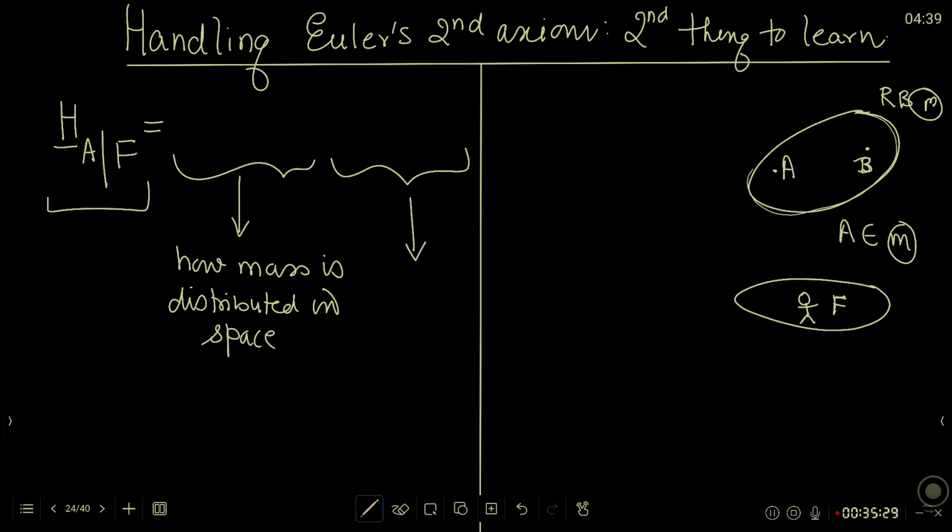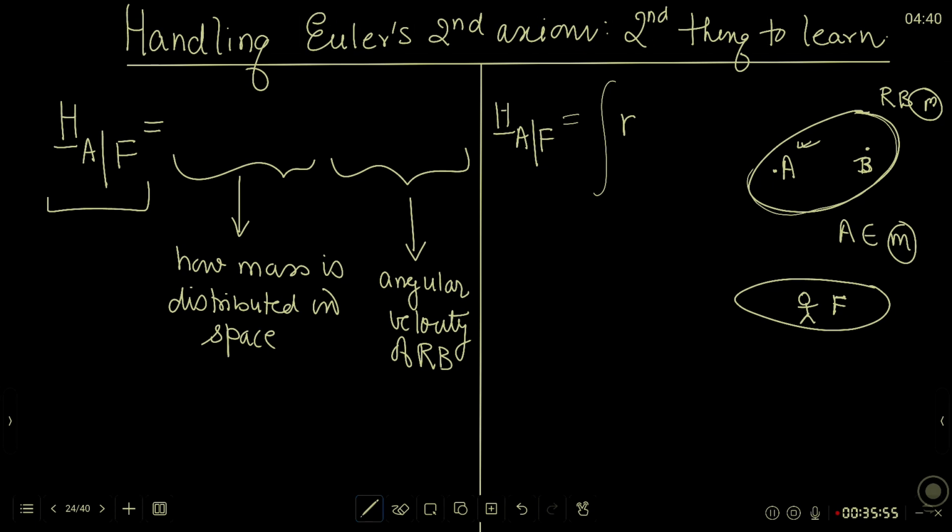Remind yourself that the definition of angular momentum of the RB about this point A with respect to frame F will be this integral. This is the definition of angular momentum. Inside this integral, you see three types of quantities. What are these three types?